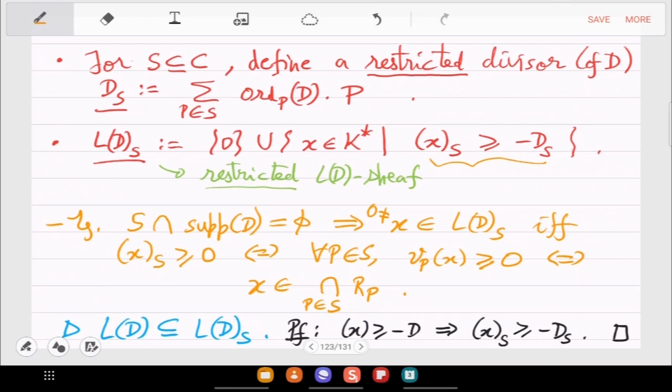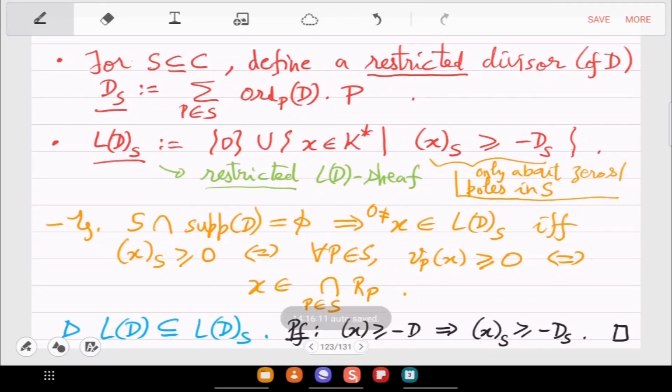You are only looking at zeros and poles which are contained in S, and for those you are comparing with minus d. So it is only about zeros and poles in S. That's an important distinction. Outside S, x may have zeros and poles. That is, they are free. There is no constraint on them.